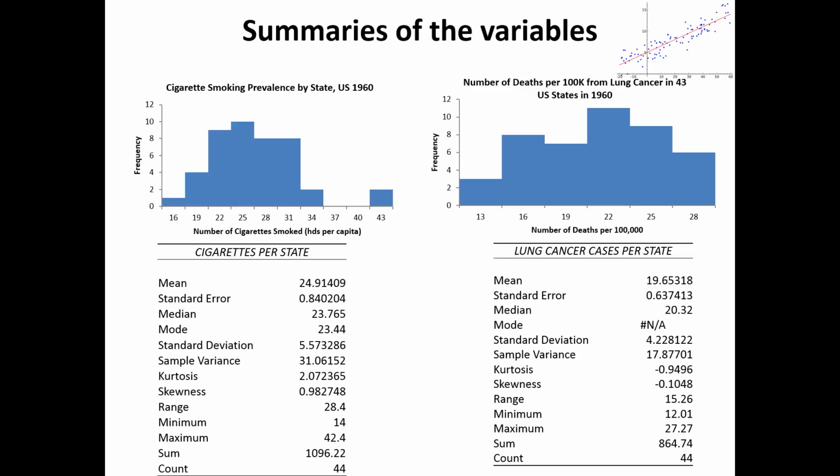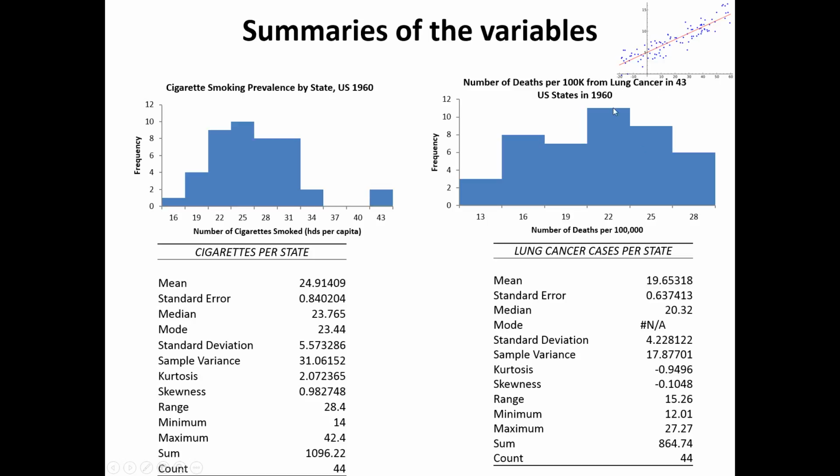That data has in it smoking prevalence by state from 1960, and it also has deaths due to cancer per 100,000 of the population for different states. This particular diagram is for the lung cancer data.